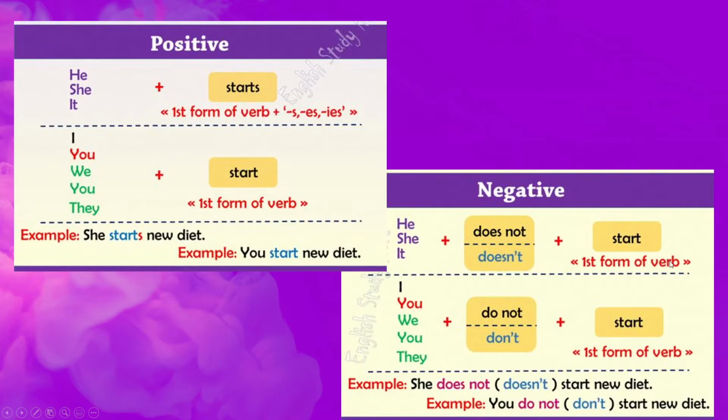First form of verb ataupun root verb ataupun root word, base form, semua tu benda yang sama. Do not ataupun don't followed by the base form of verb juga, so it will be don't start, doesn't start. Jangan tambah s, jangan tambah ing, jangan ubah jadi past tense. Tak boleh.